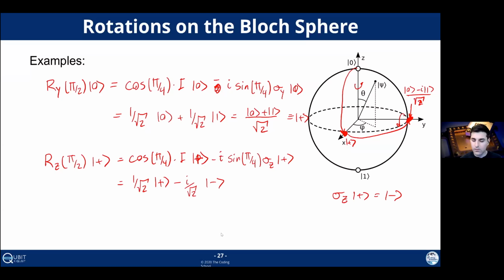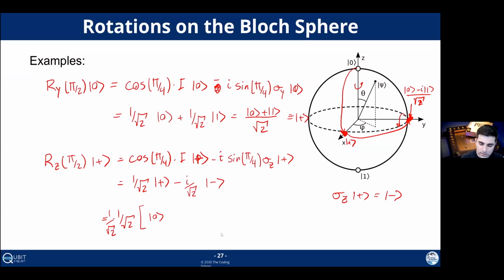What next? Well, to actually get something in terms of the 0 and the 1 state from the plus and the minus state, let's expand. So I am going to factor out a 1 divided by square root of 2. And actually, I'm going to factor out 2 of these. So one from what I have over here and another one from when I talk about the plus and the minus state.